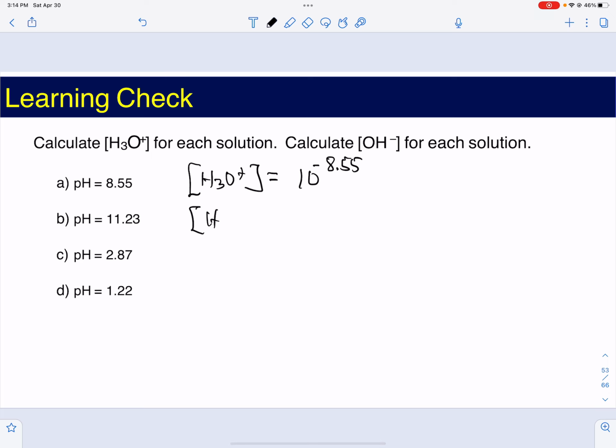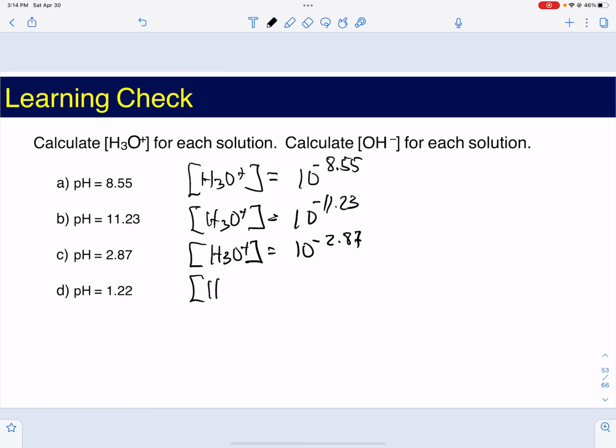The hydronium concentration for the second one is going to be 10 to the minus 1.23. The hydronium concentration for the third one is going to be 10 to the minus 2.87. And the hydronium concentration on this one is going to be 10 to the minus 1.22.